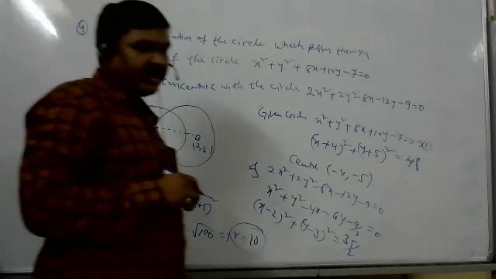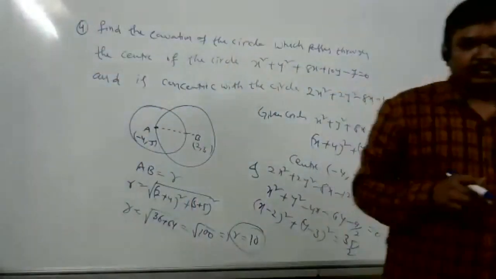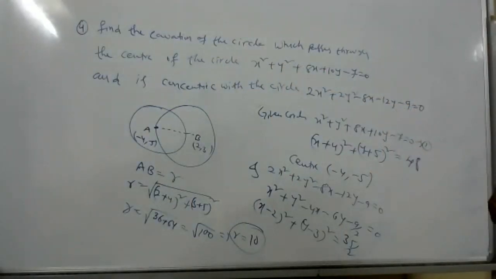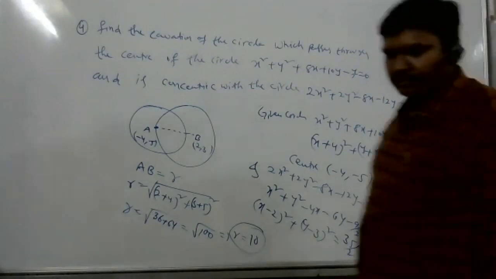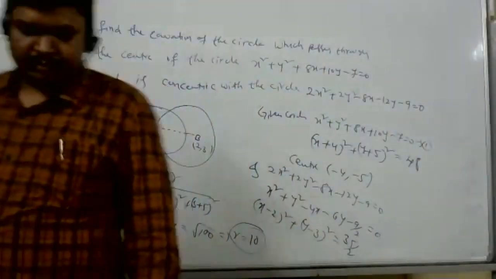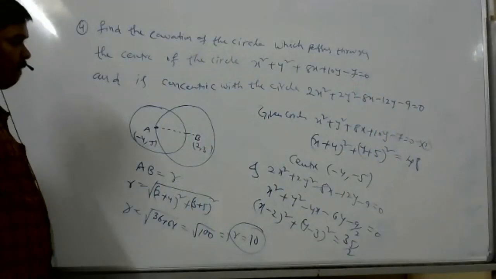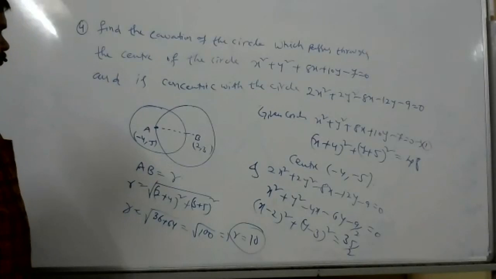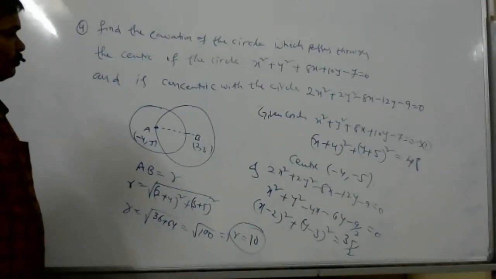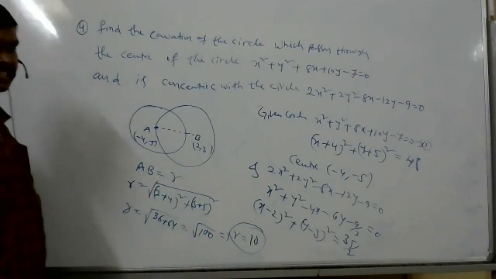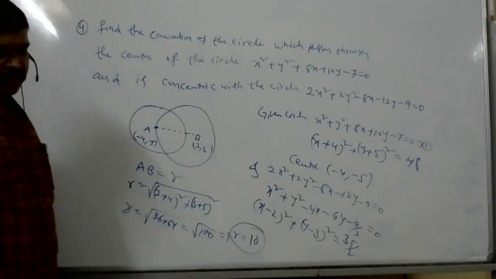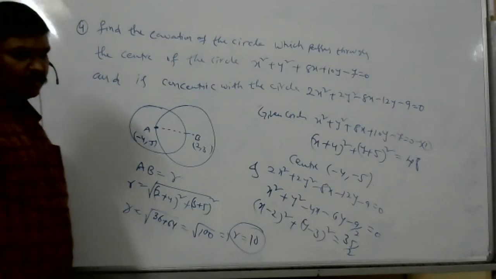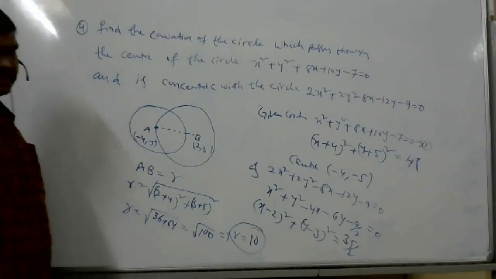The equation of the required circle: (x minus h) whole square plus (y minus k) whole square is equal to r square. (x minus 2) whole square plus (y minus 3) whole square is equal to 10 square.